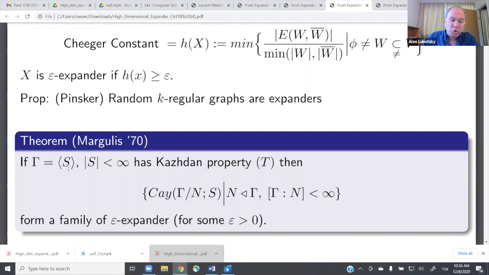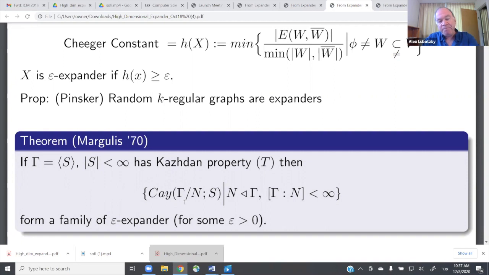Be careful: you don't choose the generators independently for each one. You take the generators for gamma and pull them down to gamma mod N, so you get generators for the finite quotient. You look at the Cayley graph and you get an infinite family.